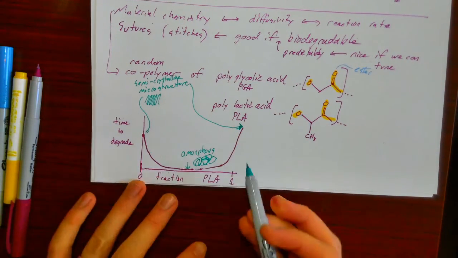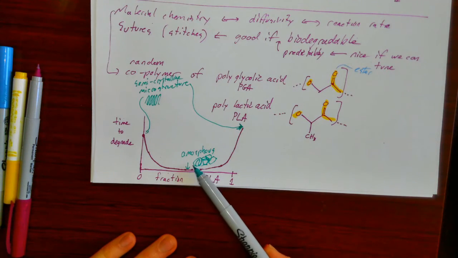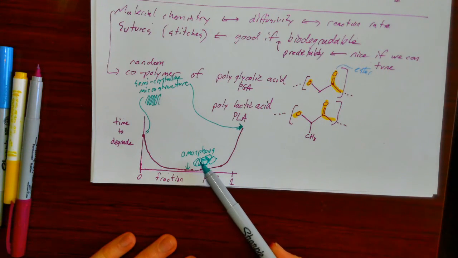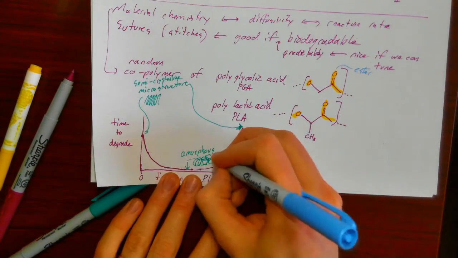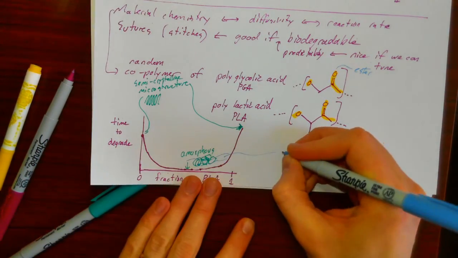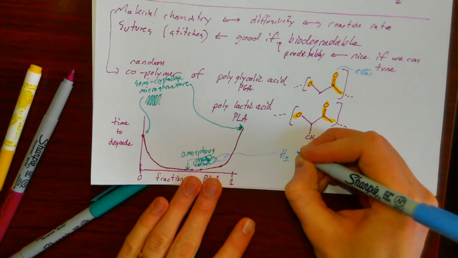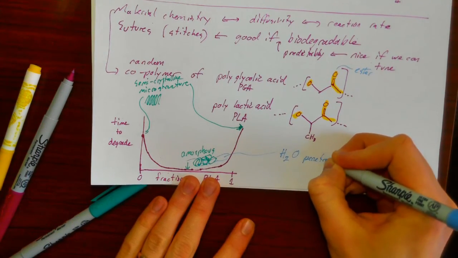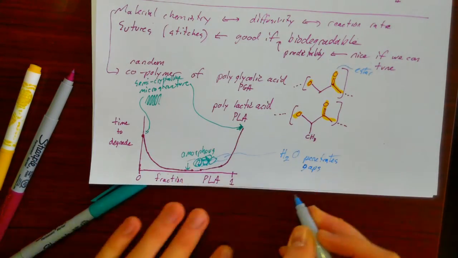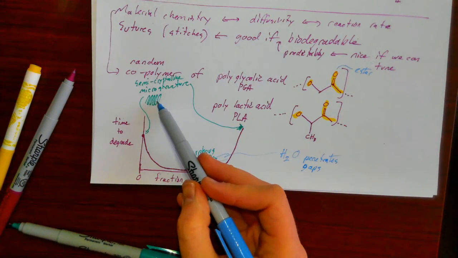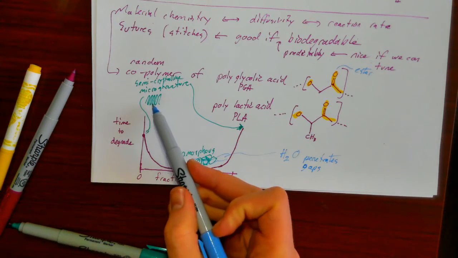Now, why might the time to degrade be really low for an amorphous structure? Well, this basically makes it really easy for water to penetrate the gaps. Basically, in a semicrystalline microstructure, they hold very tight ranks.